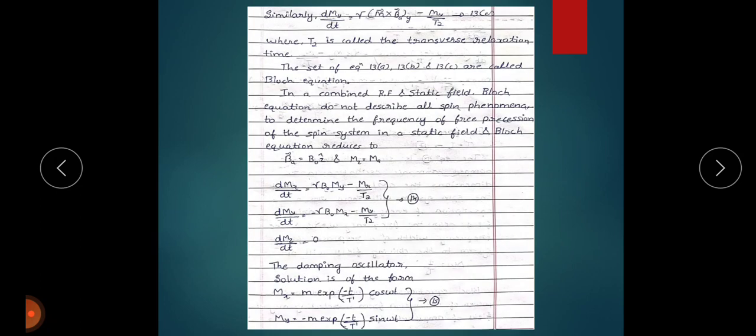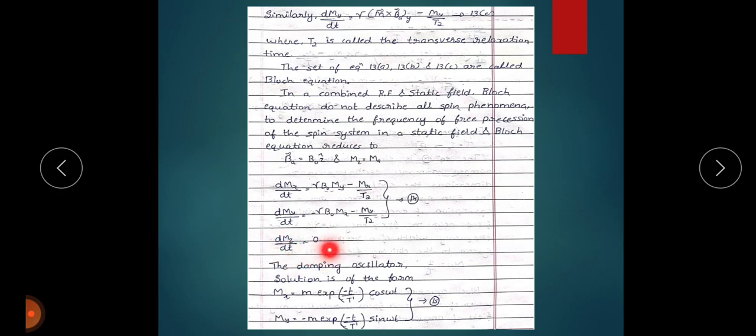For the free precision value, the angular frequency omega is taken as omega naught, equal to nu into b naught, where t dash is equal to t2. That is expression 17. Here the t dash term will be taken as the transverse relaxation time, because dmz divided by dt is equal to 0.